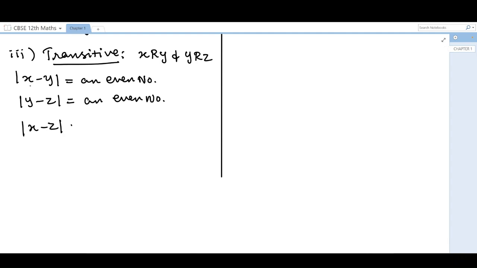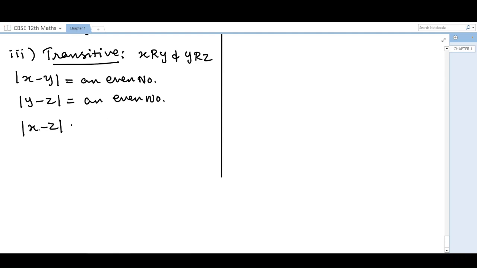Since the difference between x and y is an even number, x and y should be either both even or both odd numbers. Then only we can have the difference to be an even number. So this implies either x and y should be even numbers or x and y should be odd numbers. So in both the cases we will have the difference to be an even number.